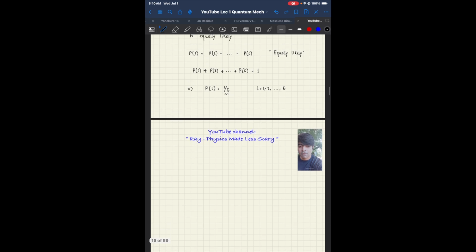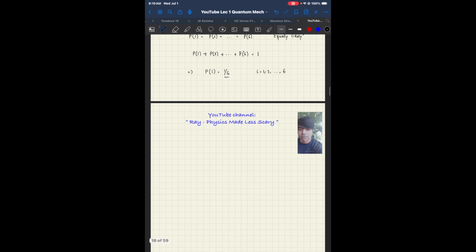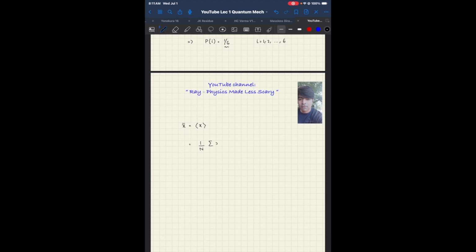Good. So now we are all set to compute the mean. So what is x bar? Which as a notation is also the same as this. We had written this formula, right? Xi, where we have discussed Xi is basically this set of numbers from 1 to 6.